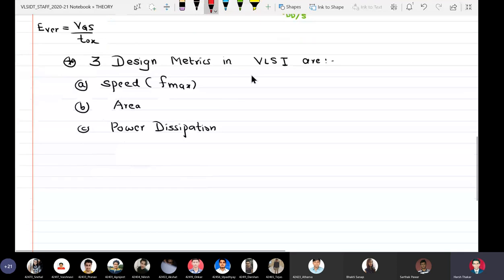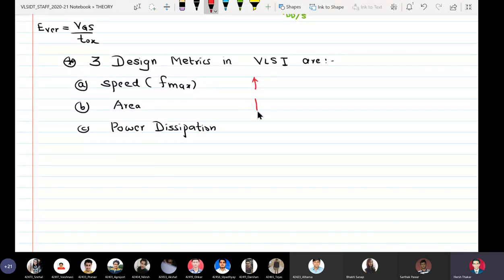So Fmax should increase, area should reduce, and power dissipation should reduce.